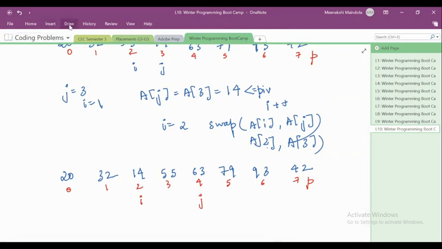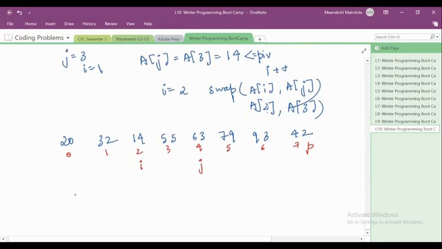Now, can anyone tell me what will happen in the next iteration where j is equal to 4? So you have j equal to 4 and I equal to 2. Now you're going to compare A of j, which is A of 4, with the pivot element.